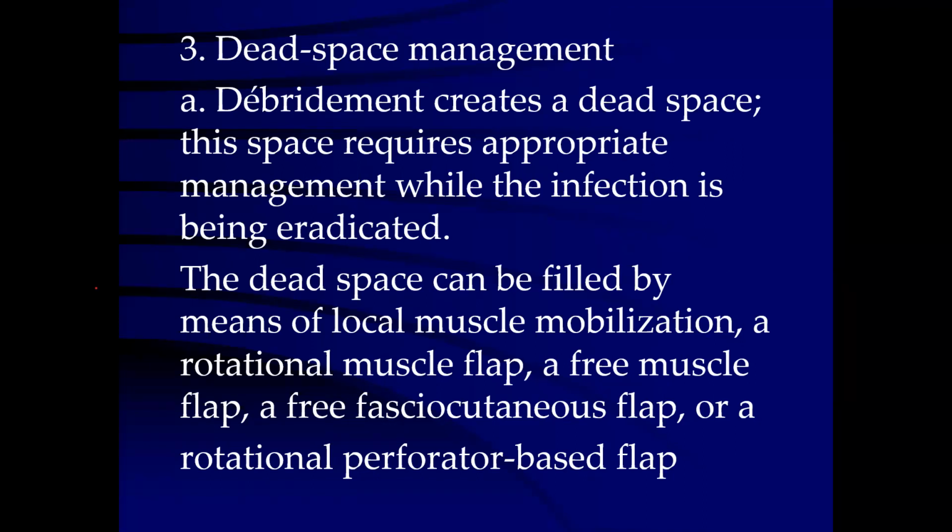Now, I will tell you, quite a number of these cases are being treated with an experienced plastic surgeon, experienced in developing flaps, free and not free flaps, to fill out the dead space. Working together as a group will give you the best results.